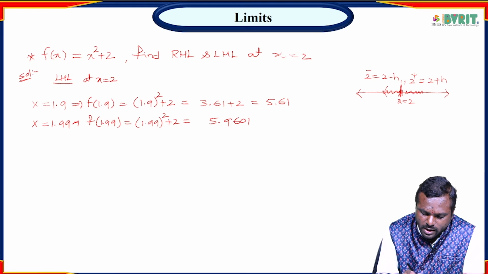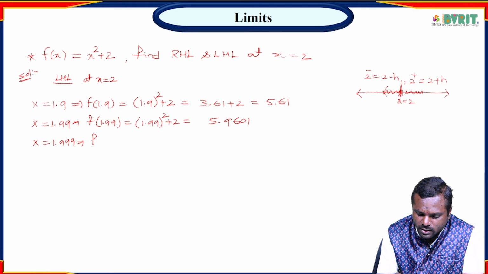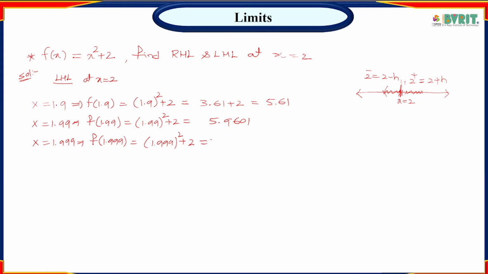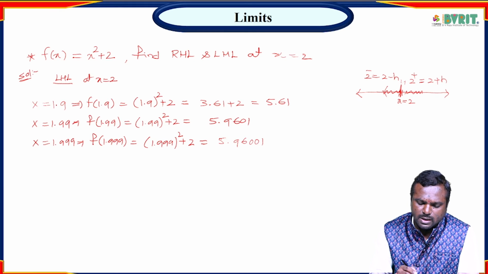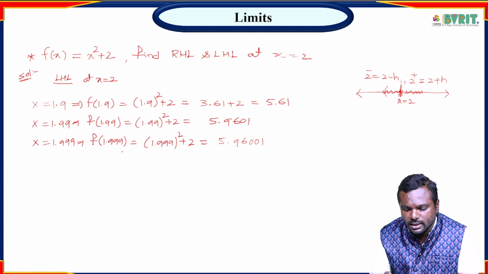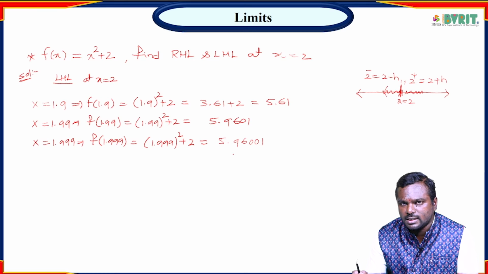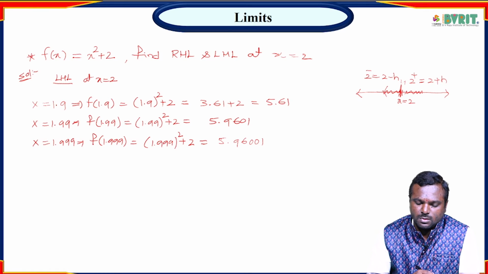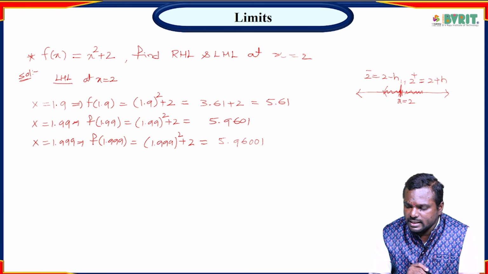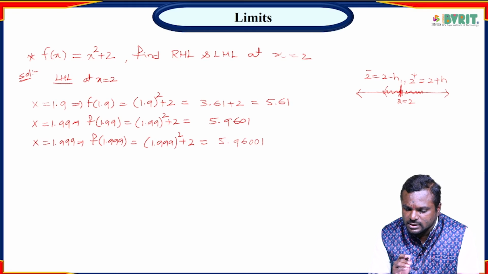Then similarly at x is equal to 1.999, f of 1.999 is equal to 1.999 whole square plus 2, that is equal to 5.996001, and then at 1.9999, it is 5.99960001.